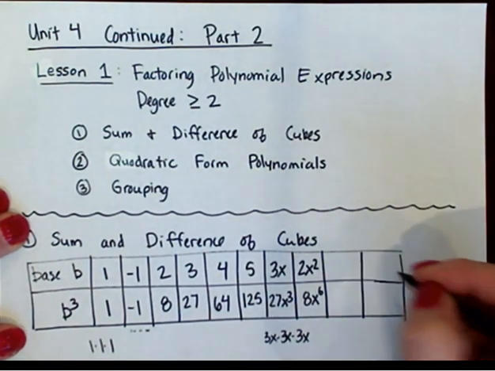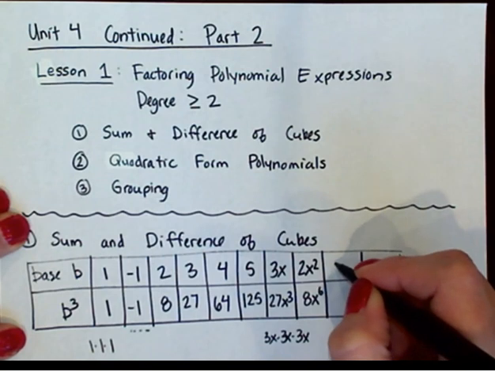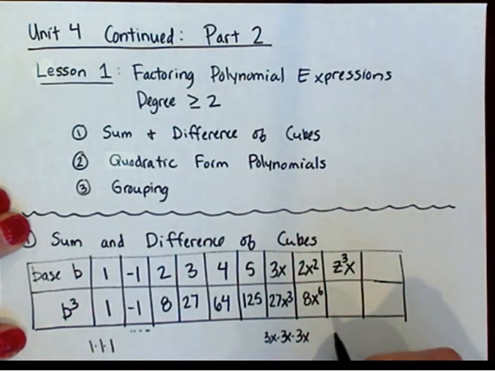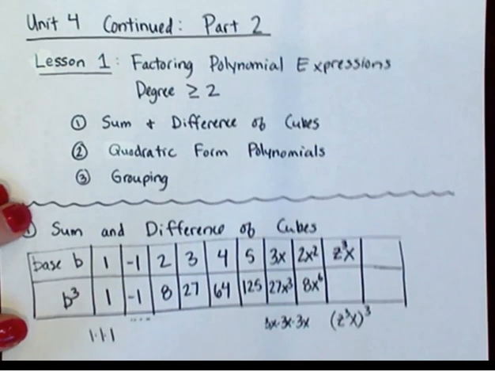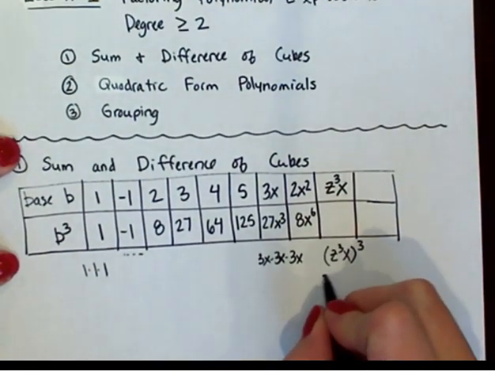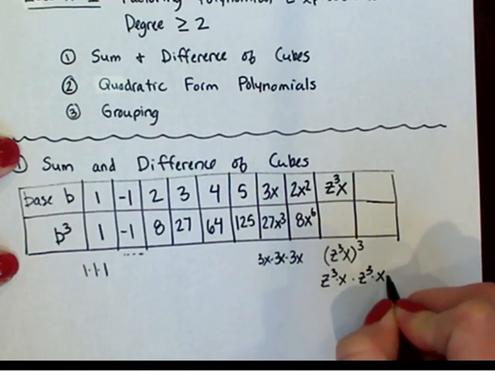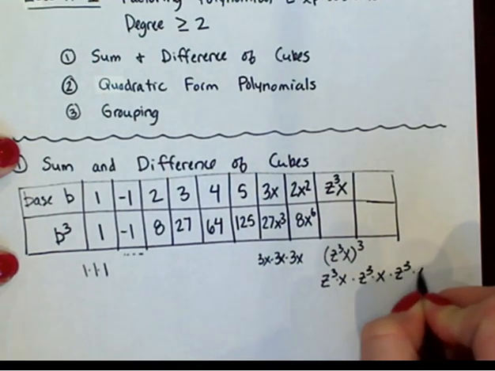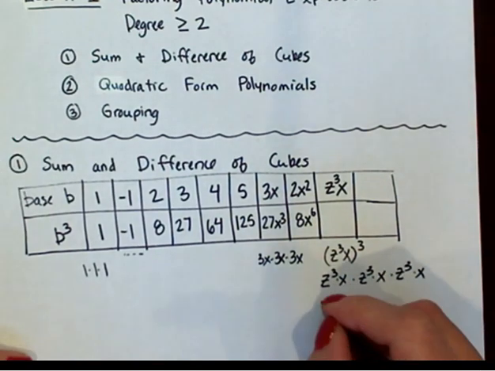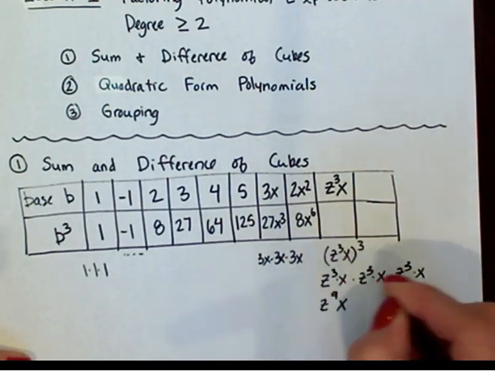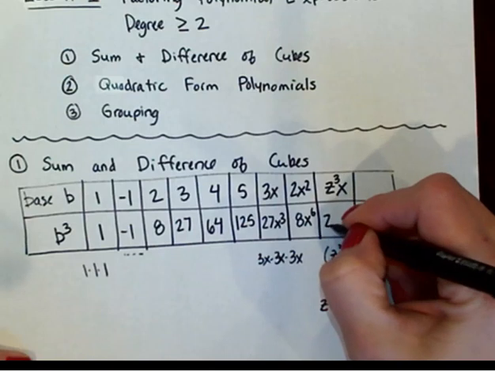Let's try a couple more with just variables. Z cubed x. If we want to cube that, that's the same thing as saying this, which means write the quantity 3 times and multiply it. Hopefully you remember your exponent rules, so we get z to the 9th, x cubed.